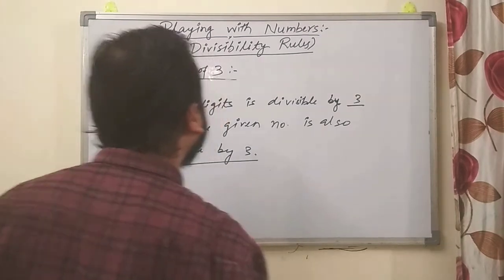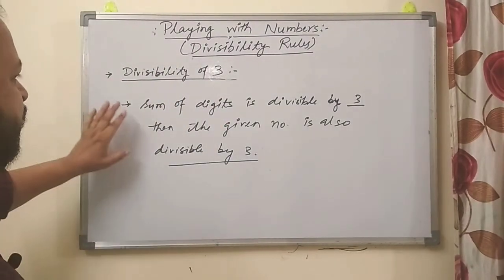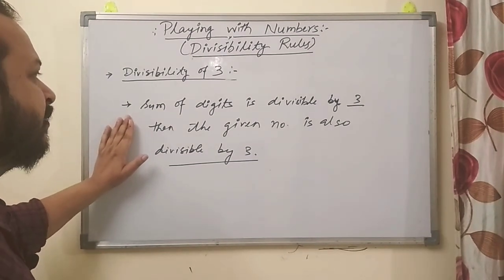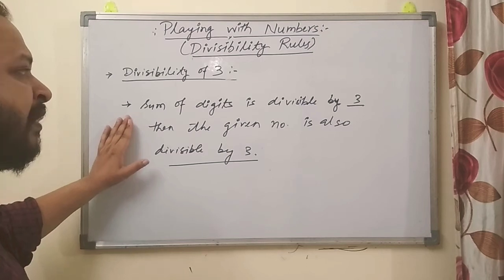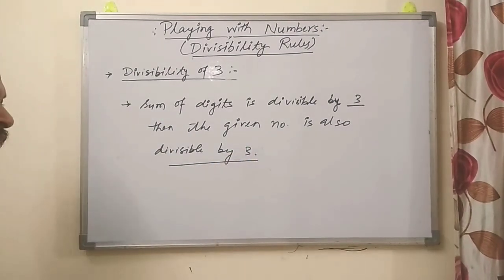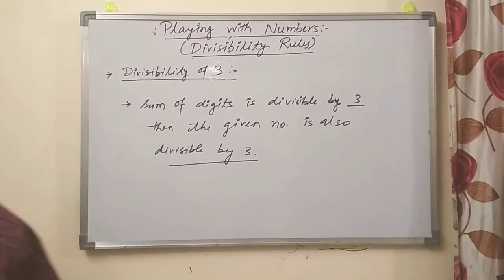So the rule states that if the sum of digits of a given number is divisible by 3, then that particular number is also divisible by 3.